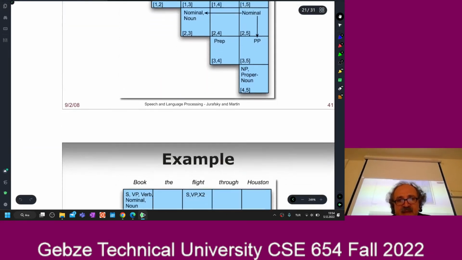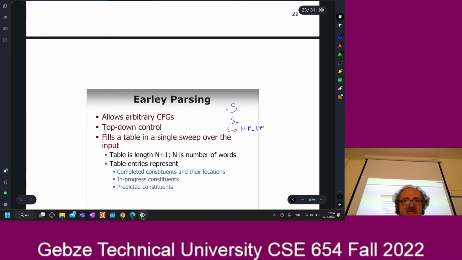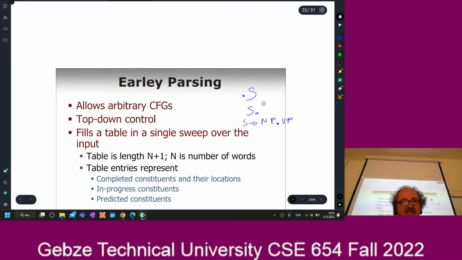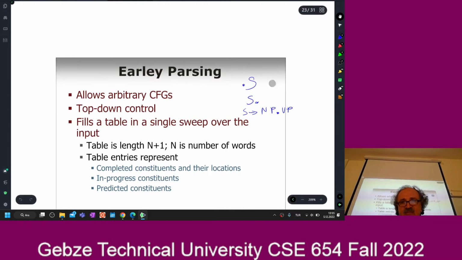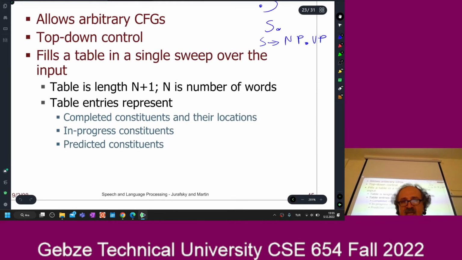Then we had another one, Earley parsing, a top-down approach. This one says that I will start from the top, from the start symbol, the sentence. Then I will say that the sentence could be a noun phrase and a verb phrase. Now I am expecting a noun phrase then, etc. So I am going to modify my rules using this dot notation. There are three cases: completed constituents, in-progress constituents, and predicted constituents.